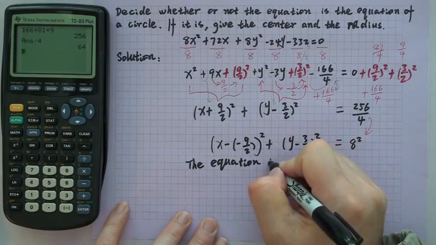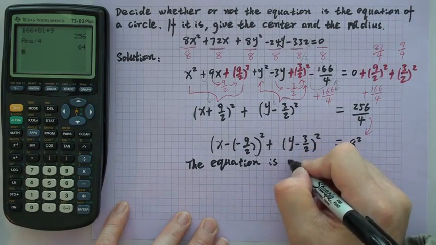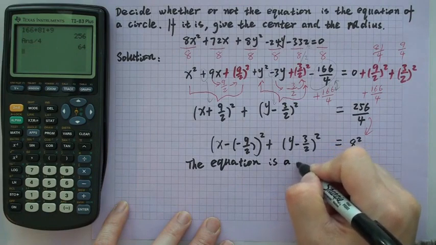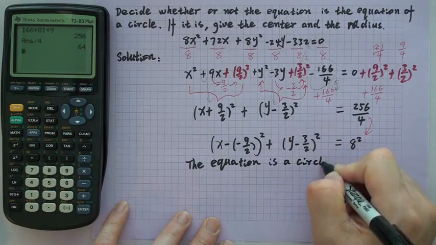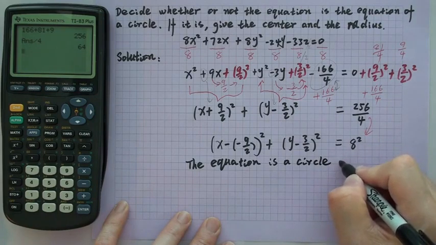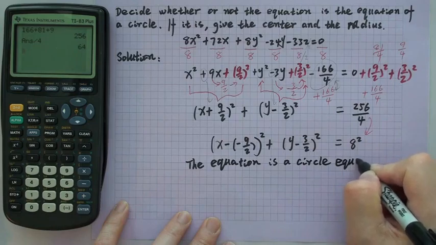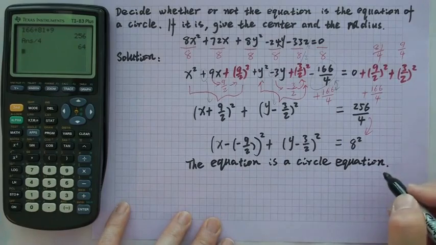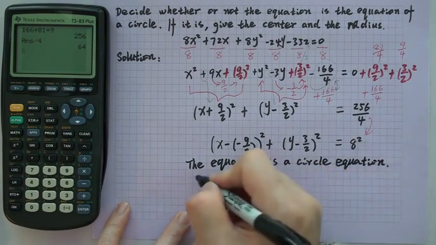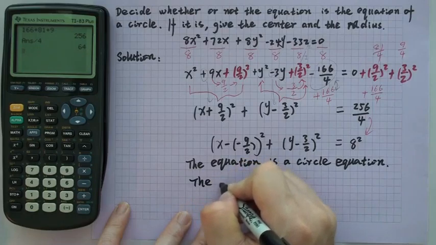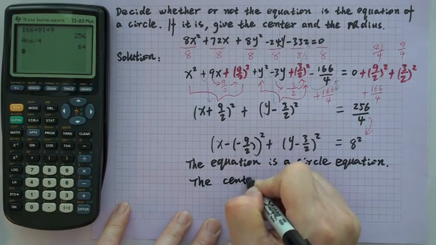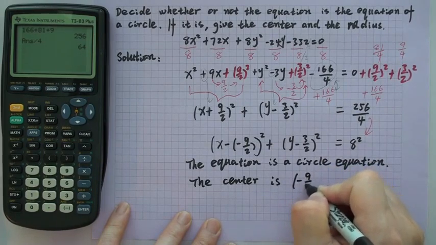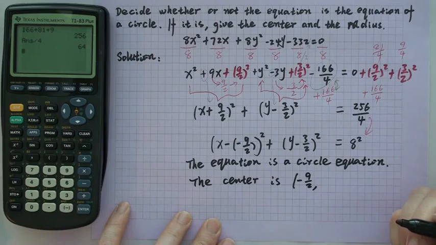So the equation is a circle equation. The center, where is the center? The center is negative 9/2 as the x coordinate.